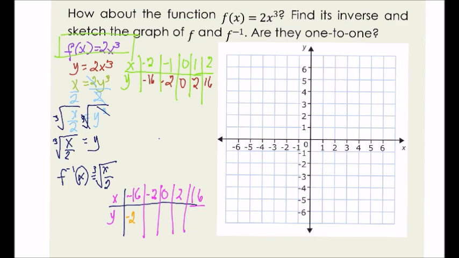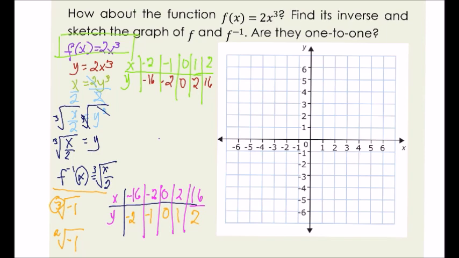Negative 2 divided by 2 is negative 1, and the cube root of negative 1 is negative 1. Now you might be wondering, isn't the cube root of a negative number undefined? No, this is a cube root, not a square root. For 0, you get 0. For 2, you get 1. And for 16, you get 2. So we are able to confirm that this is the inverse of f of x.